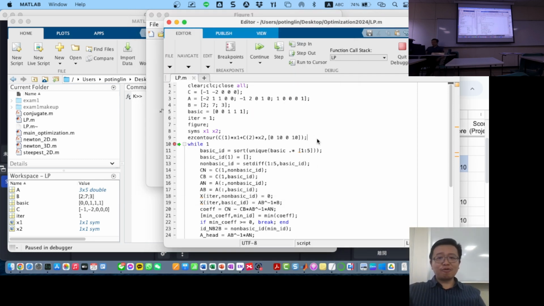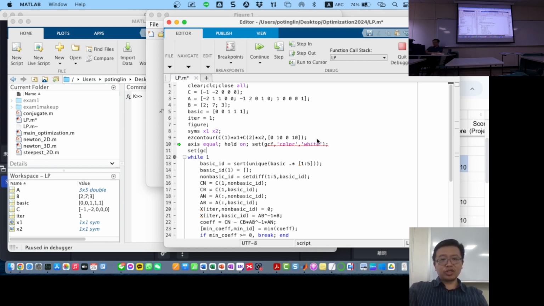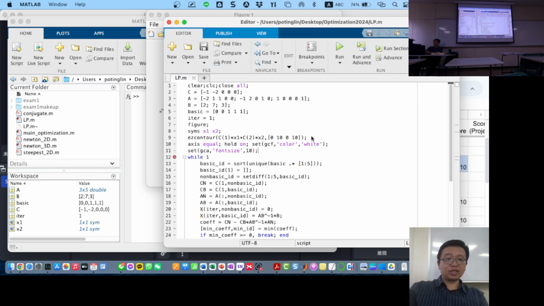Okay, I want this to be axis equal. Hold on. Set GCF color white. Set GCA font size 10. Yeah, let's see.